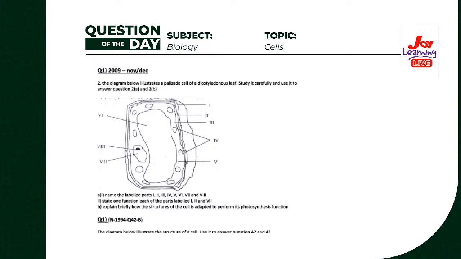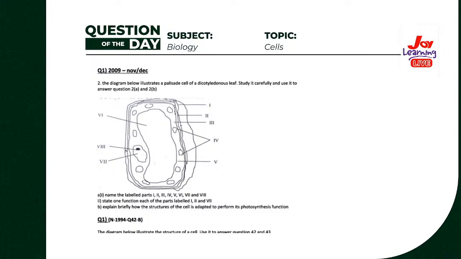From question 1 or 2? As I said, the labeled part, any of them that you can identify. Okay, the V is the cytoplasm.